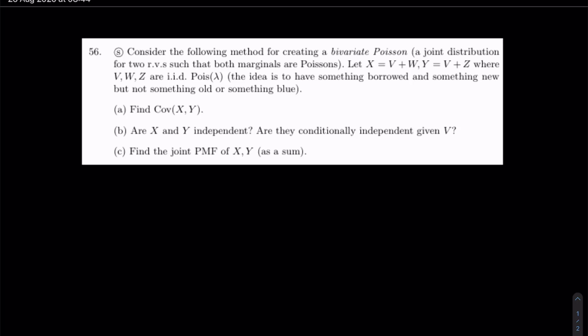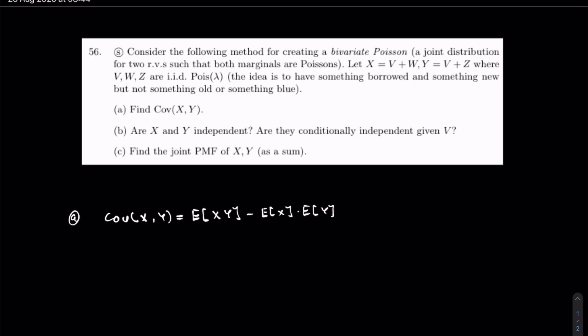And so let's start by writing it down. The definition of the covariance is that the expectation of x multiplied by y, minus the expectation of x times the expectation of y.